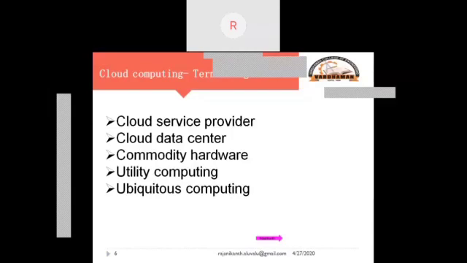And then moving on to the third terminology, commodity hardware. I already mentioned, it is nothing but low cost hardware interconnected so that we can perform high performance computing with that low cost hardware. And this is the commodity hardware which is used for building the cloud data centers.